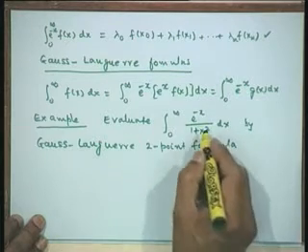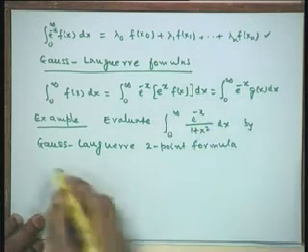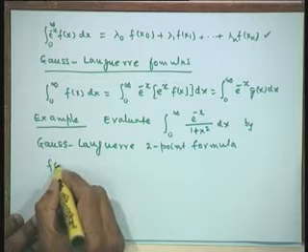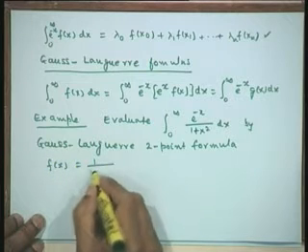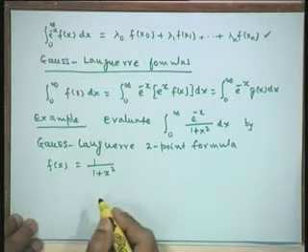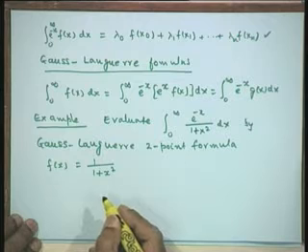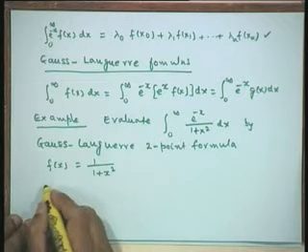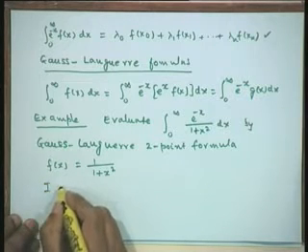Now, here we have been provided the integral in the suitable form, therefore, we simply have f(x) equal to 1 upon 1 plus x squared. Therefore, I can evaluate the integral by using the 2 point formula.